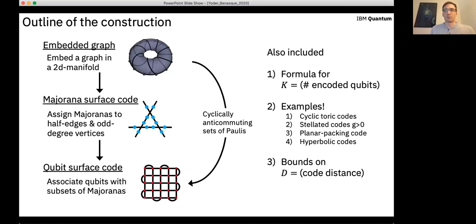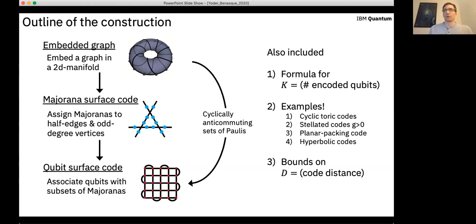Okay, so what is the basic outline of this presentation? Well, what we have to start with is an embedded graph into some 2D manifold. And we're going to just allow that manifold to be anything. It can have arbitrary genus, and it can be orientable or non-orientable.